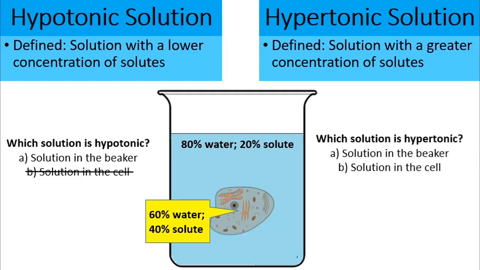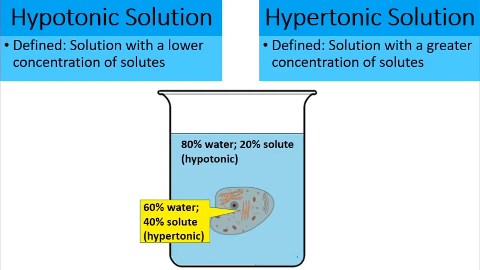And which solution is hypertonic? By definition, hypertonic is one with a greater concentration of solutes. That would be the solution in the cell, because the 40% solute in the cell is greater than the 20% solute in the water outside the cell.